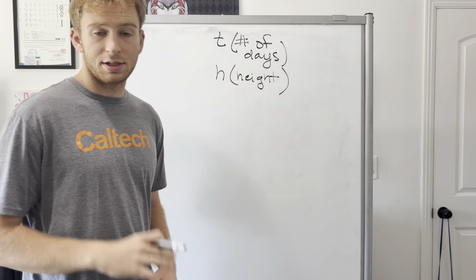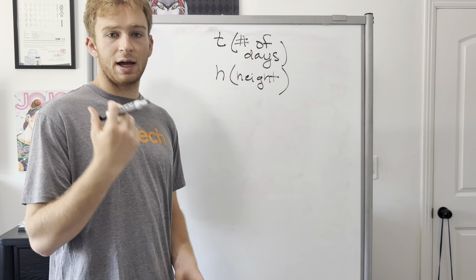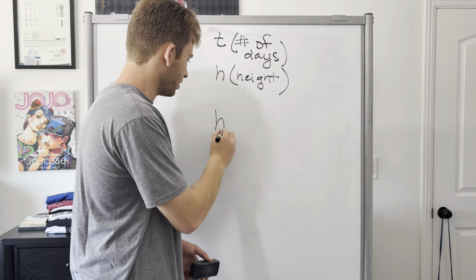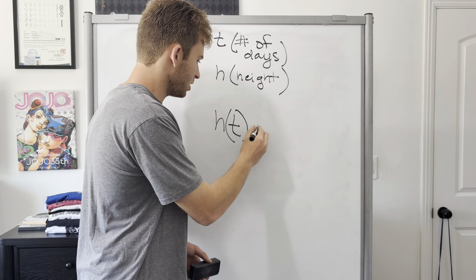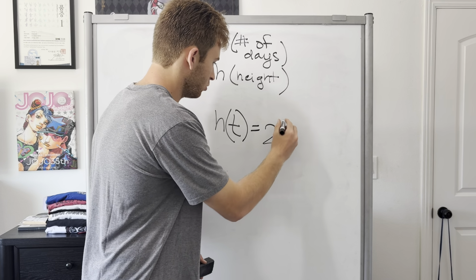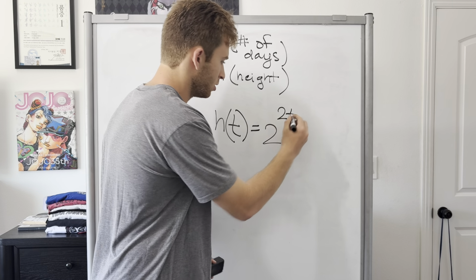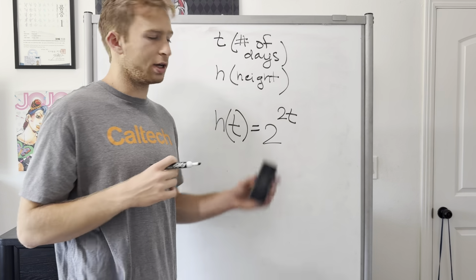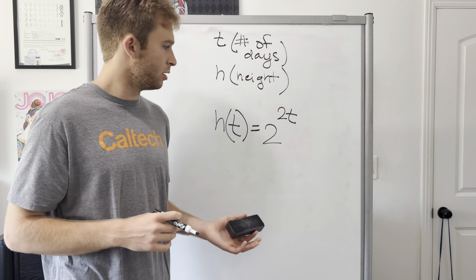Specifically, instead of growing every day, it grows every half day. And so what you would actually write for this instance is h of t is equal to 2 raised to the 2t. So when you plug in a value for t, you obviously get a height.